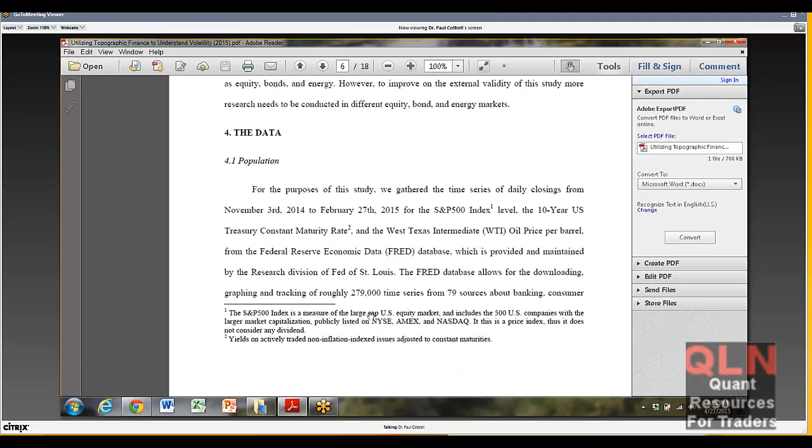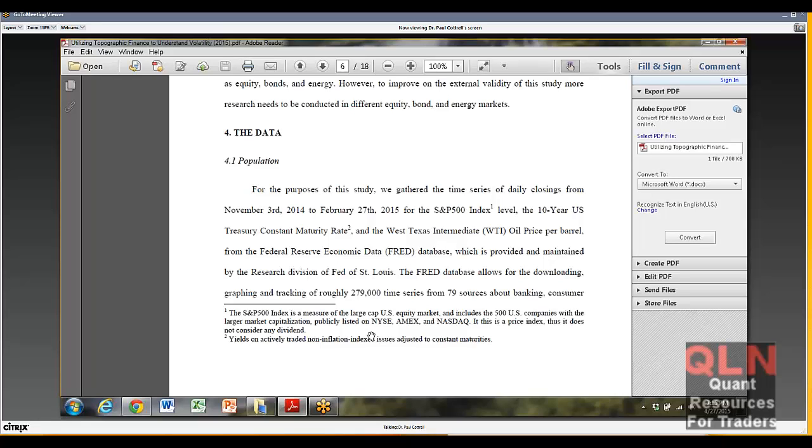Okay, what we did was we pulled the data, and this is a good source for anyone that wants to get at least daily data, econometric data, or monthly data. I like using the St. Louis Federal Reserve, or what is called FRED, the F-R-E-D database.